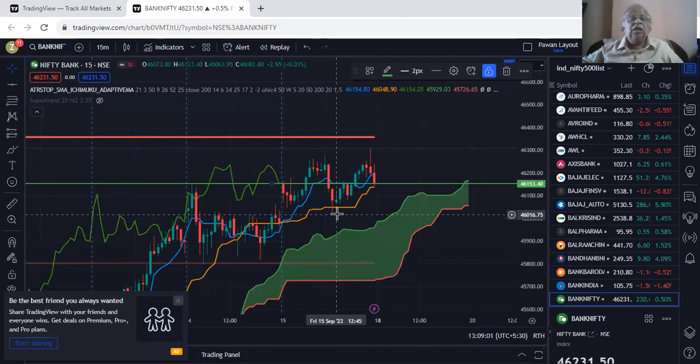So here, from Tenkan-sen, you have just seen that the stock closes below the Tenkan-sen and shows some bearishness, and spontaneously you have identified the potential level of Kijun-sen, and you have entered into the trade and earned around 126 points.